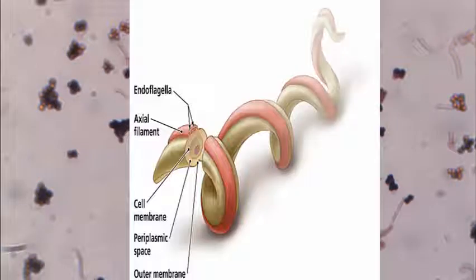How is its structure? Well, it is a thin, delicate, helically coiled and corkscrew-shaped organism. It is 10 to 14 micrometers long and 0.1 to 0.2 micrometers wide.